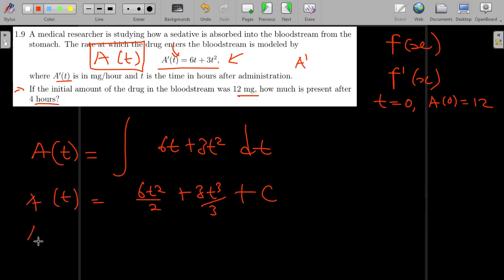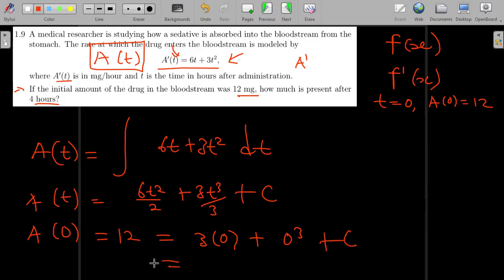And then we are told that when the time is 0, our A of 0 is equal to 12, which will be equal to, wherever there's t here, I'm going to put 0. So this one here is 6 divided by 2, so that is 3, and then 0, plus 3 divided by 3 is just t to the power 3, which is 0 to the power 3, plus c.